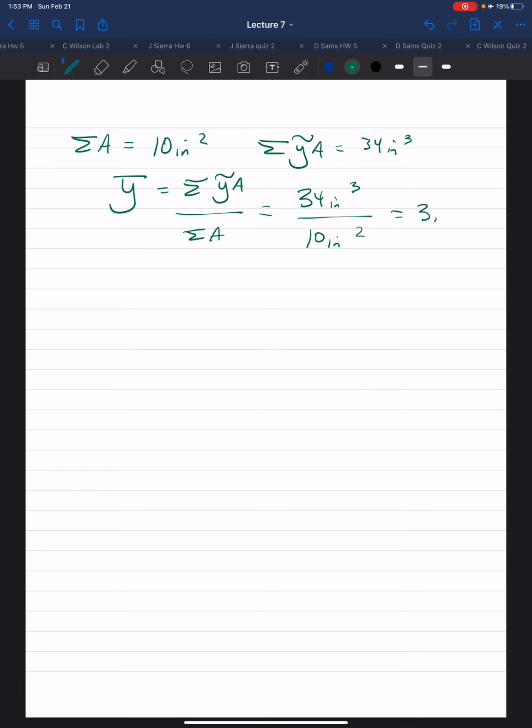This is 3.4 inches. So this is located 3.4 inches from the top. So that's our centroid axis of the composite shape.